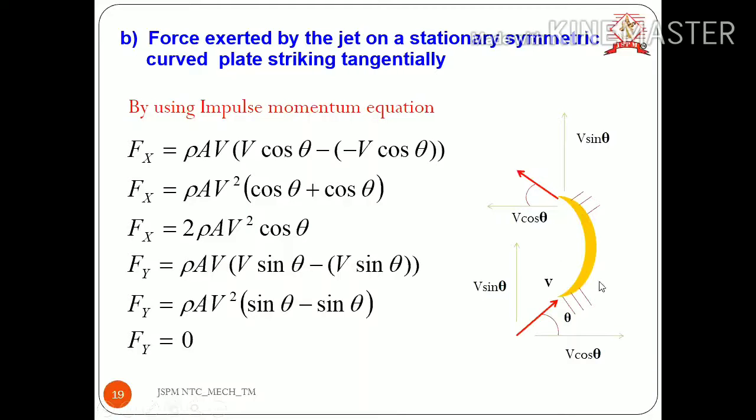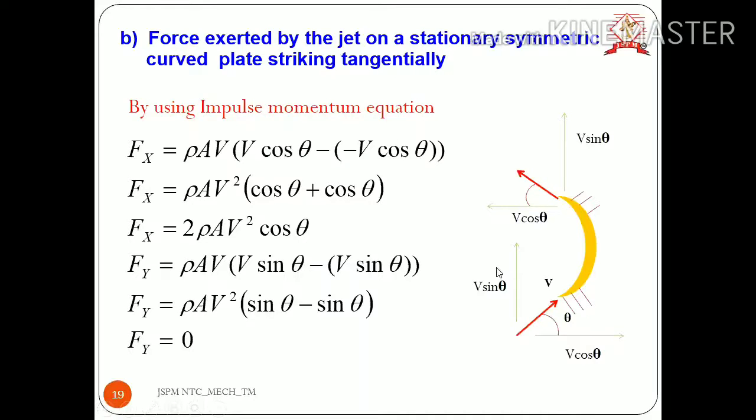Again, after striking, we'll get a velocity. See in the figure, this velocity after striking is also inclined at an angle theta. So resolve it into two components: vertical is v sin theta and horizontal is v cos theta.